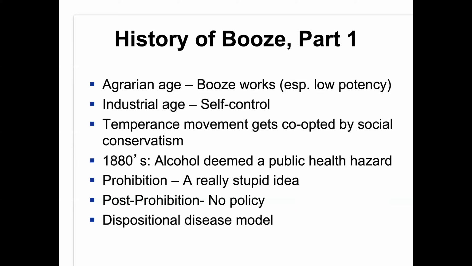Distillation allowed for the production of high-potency alcohol beverages, such as gin and rum, and, as with other drugs of abuse, there is a significant difference between the effects of low-potency and high-potency variants of the same substance. In the late 1700s, per capita rates of alcohol use went through the roof, and one starts to read about alcohol-related diseases in this period of time.